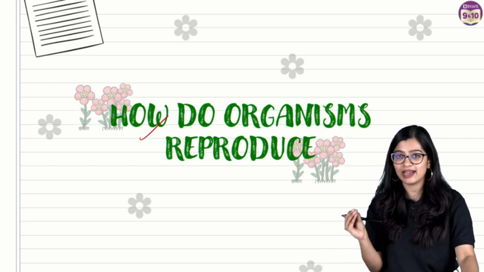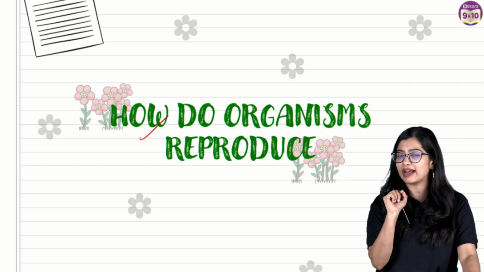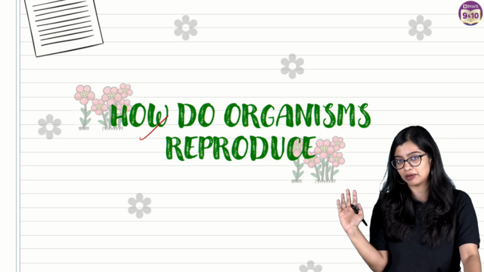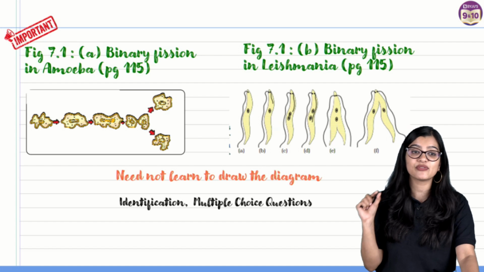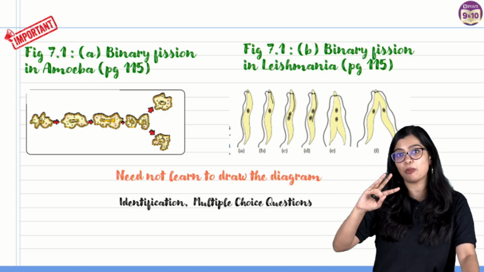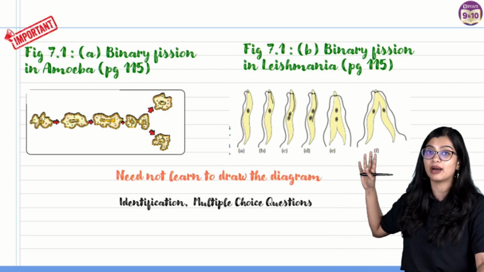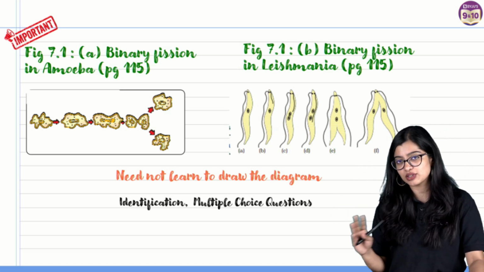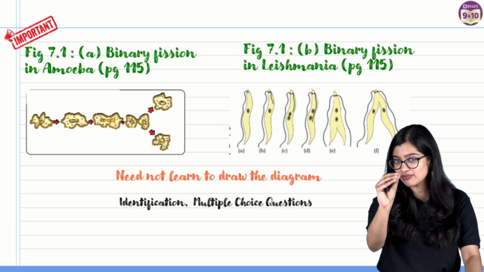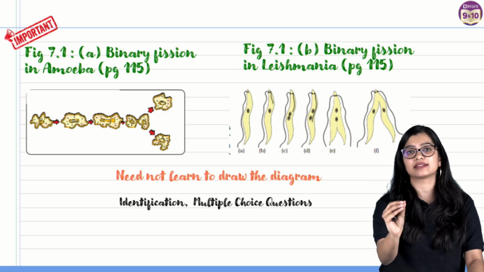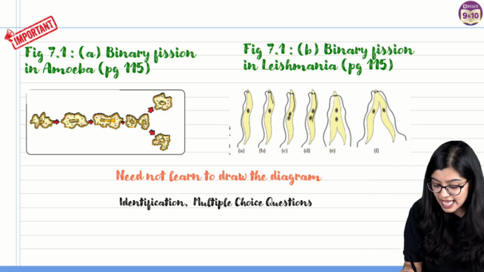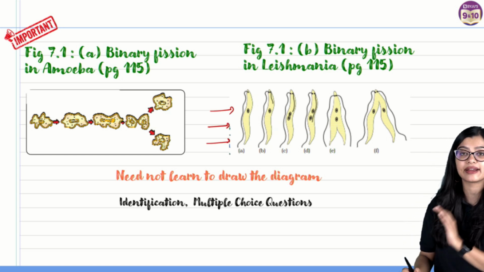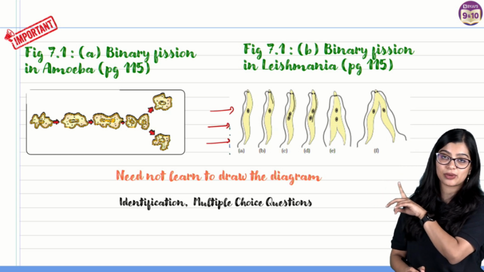But when you talk about diagrams, there are some important diagrams that can come even for drawing in this chapter. So the first diagram that we have is figure 7.1, which has binary fission in amoeba and leishmania. Now here, the chances of them asking you to draw is very, very less. But here, they can ask you this diagram, and this has come last year in 2022-23.